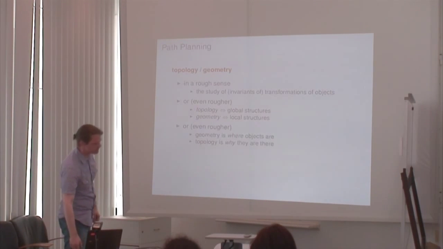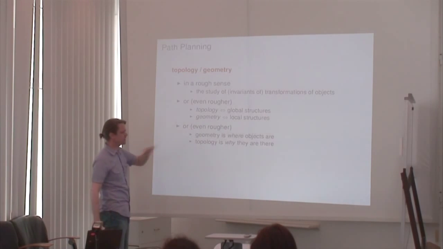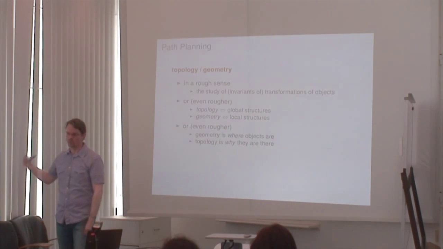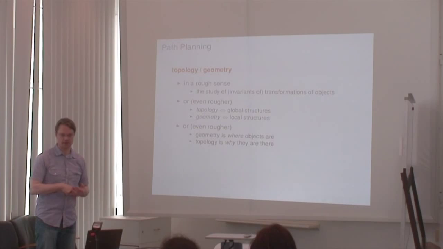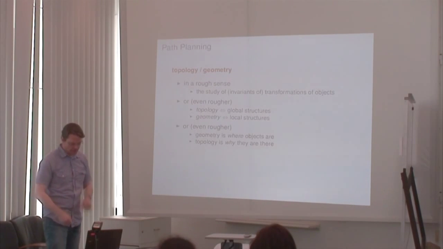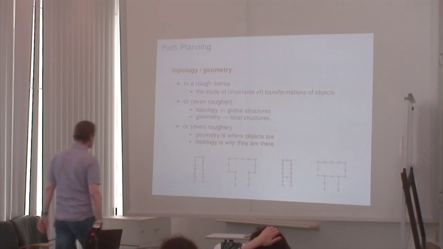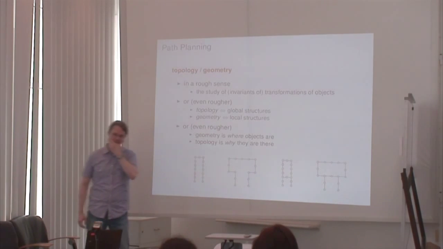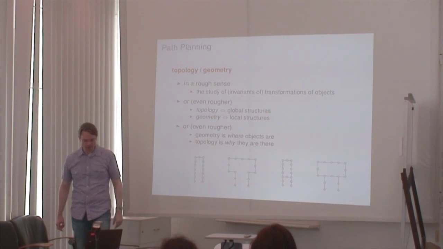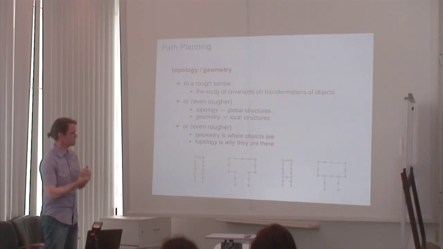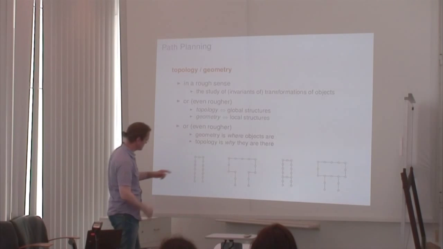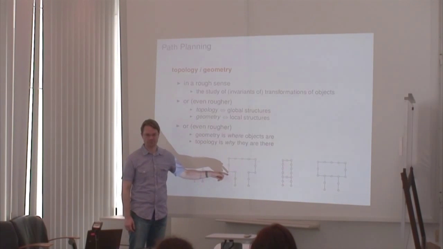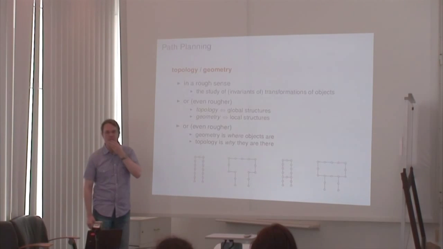And even rougher, if you really need to remember, then you could try to remember it like that: geometry is where things are located, and topology is why they are located there. And this becomes clearer, I hope, by looking at these four examples. Let's say these four graphs were indeed representations of game maps. Well then, this one looks quite different from this one, doesn't it? But this is because of the geometry of these two graphs.